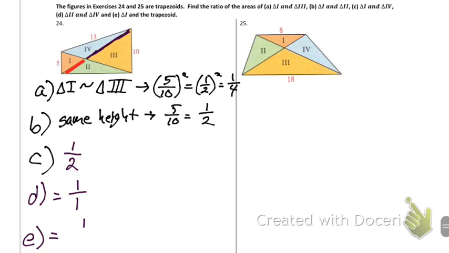Well, 1 to the trapezoid would be area of 1 over area of 1 plus 2 plus 3 plus 4. Which is going to equal, well, we have 1 for area 1. So I'll fill that in for both places.